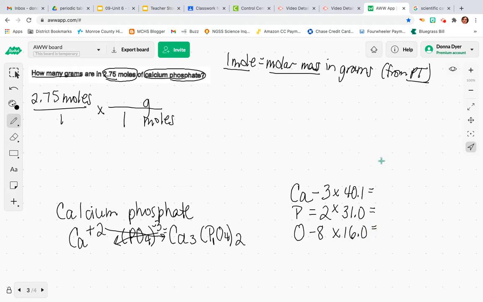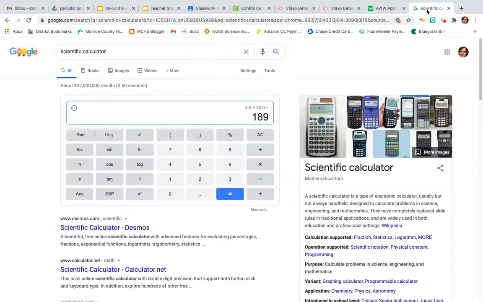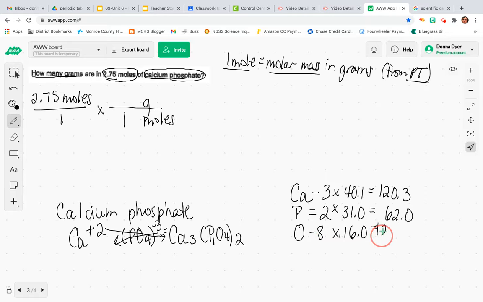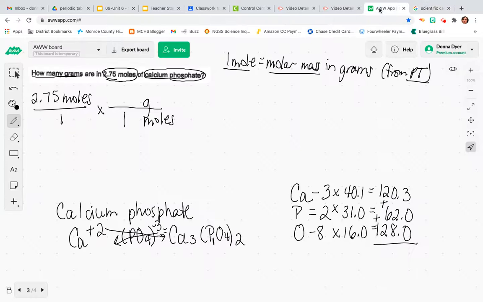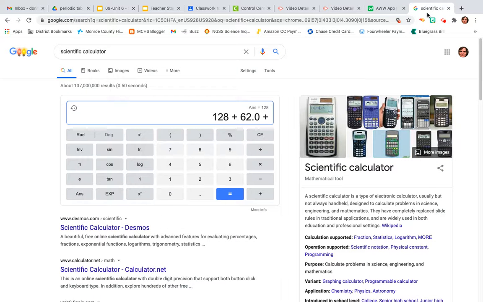Then we're going to multiply. 3 times 40.1 is 120.3. 2 times 31 is 62. And then 8 times 16. I'm going to have to multiply that one out on the calculator. 8 times 16.0 is 128. Then we're going to add all these together. 128 plus 62 plus 120.3.